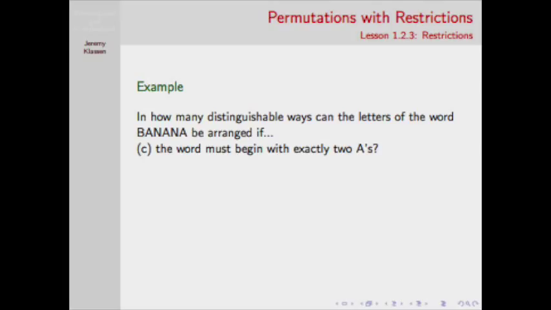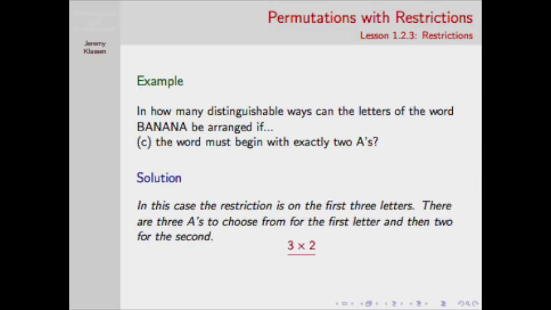Now notice that this next restriction says that we're going to begin with exactly 2 A's. This is different from the previous one, which allowed for the possibility of there being 3 A's. It had to have 2, but it could have had 3 A's up front. In this question, the restriction is actually on the first 3 letters because that third letter must not be an A. As before, we have 3 choices for the first letter and then 2 choices for the second letter.